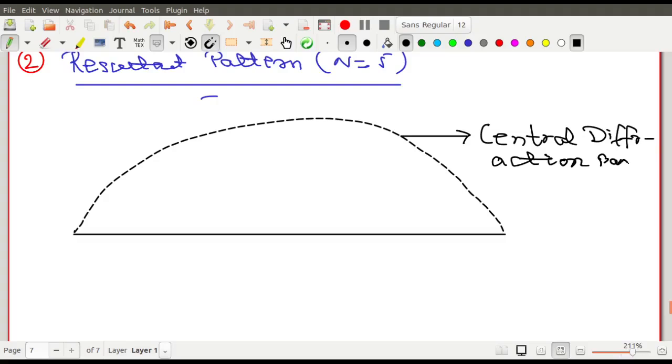This side I plot the intensity. দেখো ভালো করে.